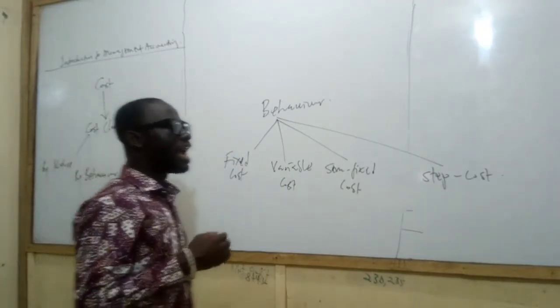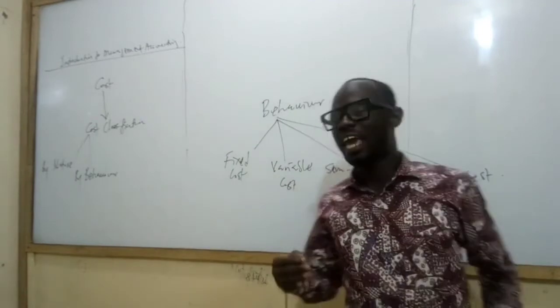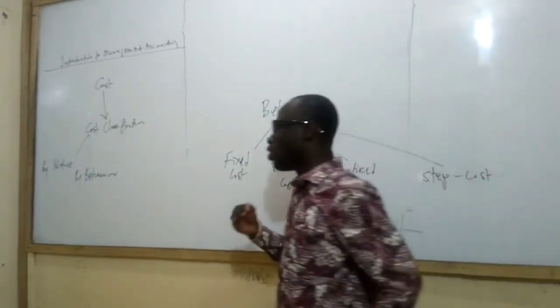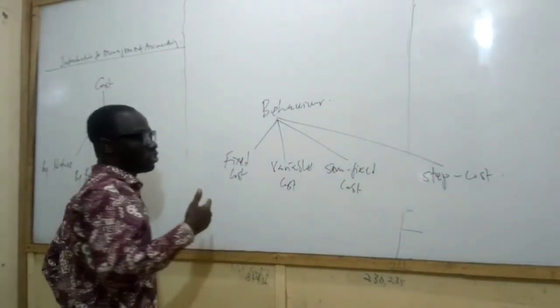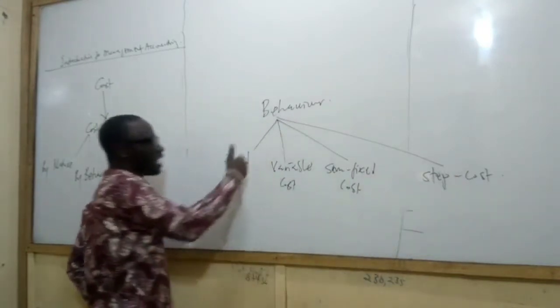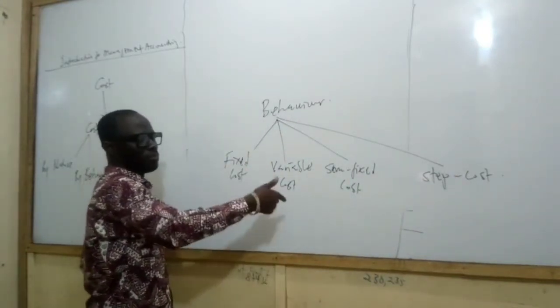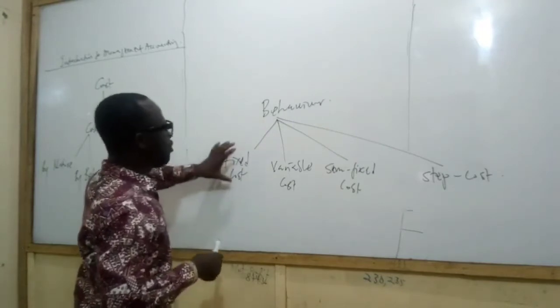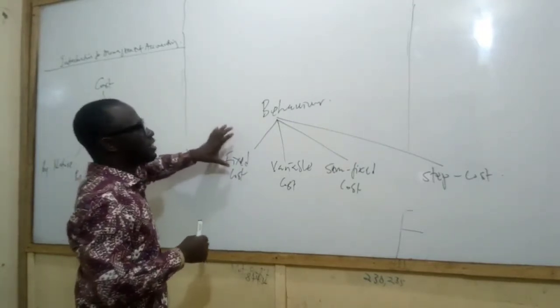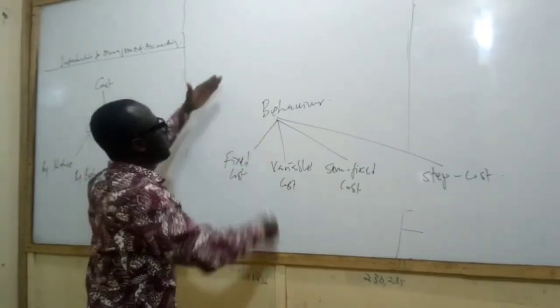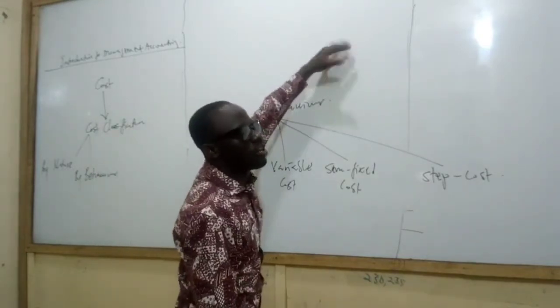Now, that definition we will say is impaired. Why is it impaired? Because step cost will tell us that our definition of fixed cost is a bit impaired. So we say that fixed cost is the cost incurred prior to the production of goods and services.